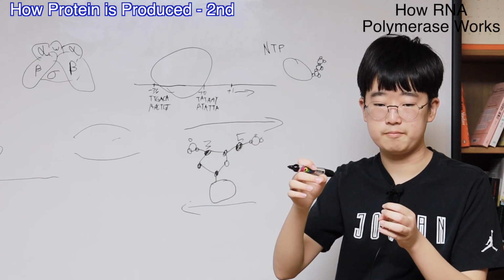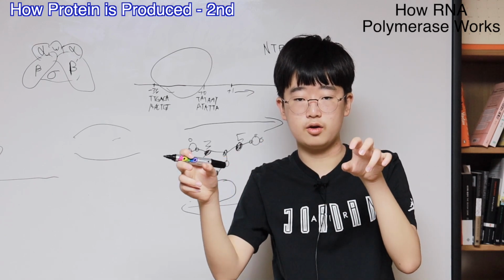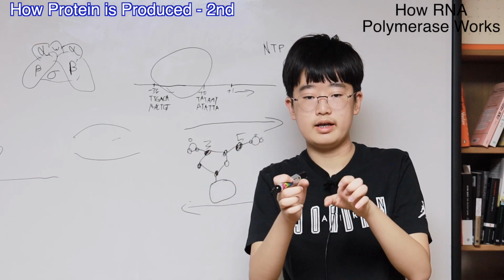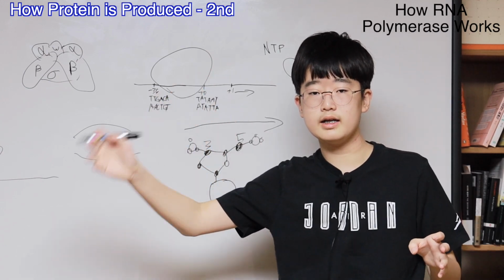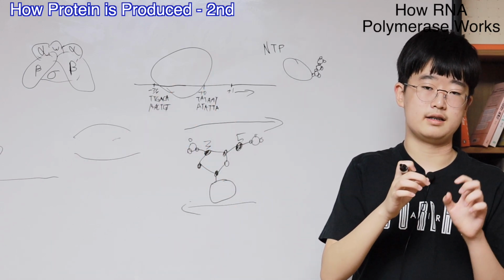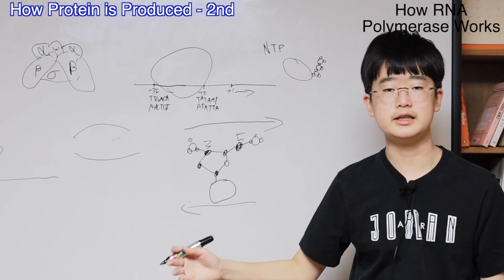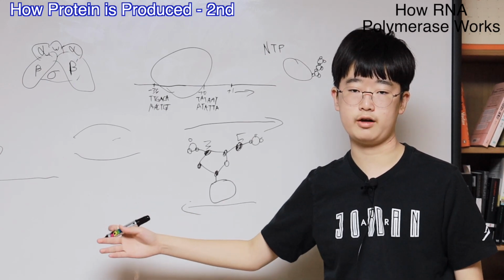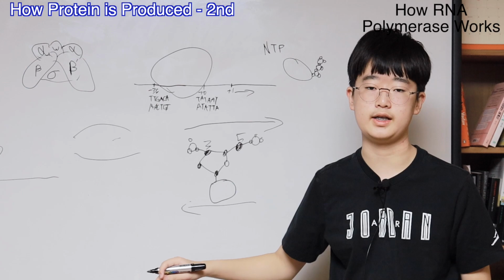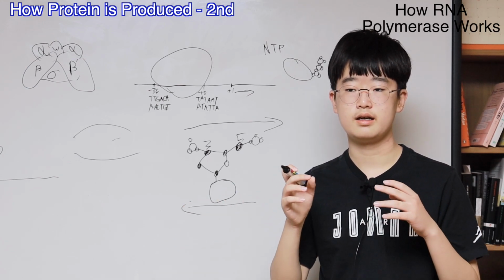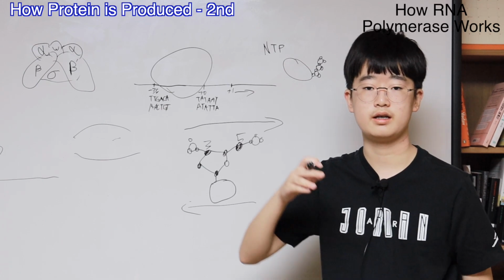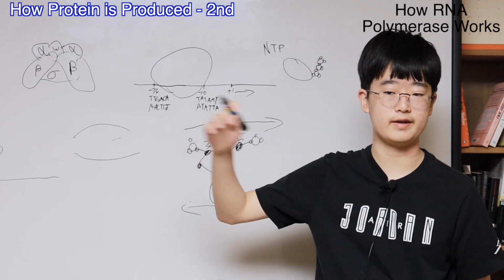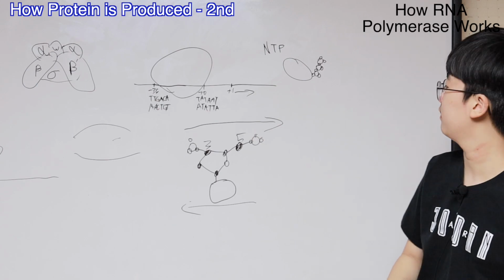Because the phosphates don't like each other, it becomes a big kick, and that gives energy. And the ATP becomes ADP, which is adenosine diphosphate. It only has 2 phosphates, so it's less unstable. It's more stable, and it can't give energy to enzymes and stuff.